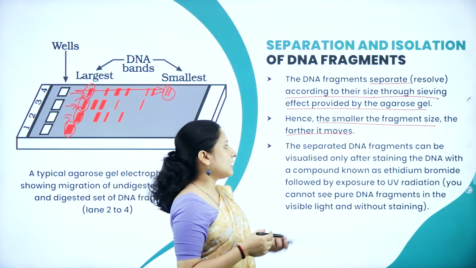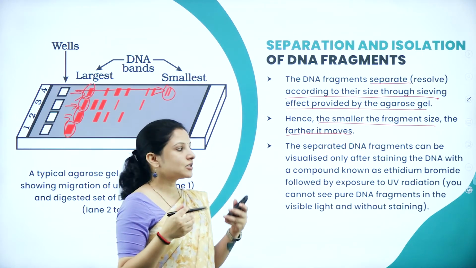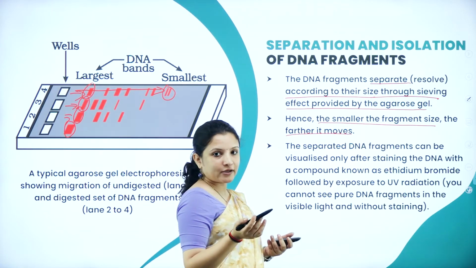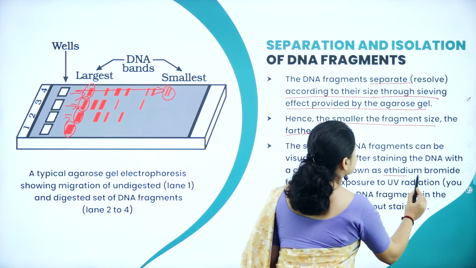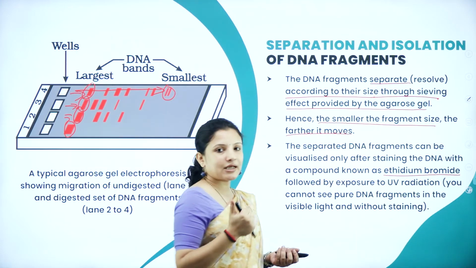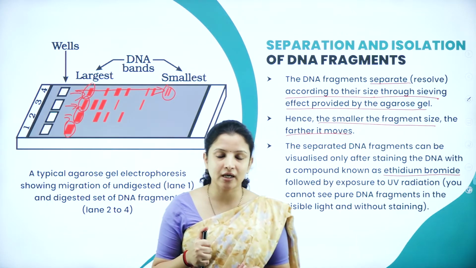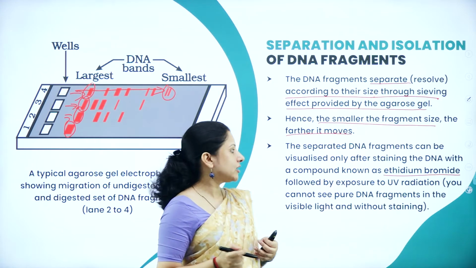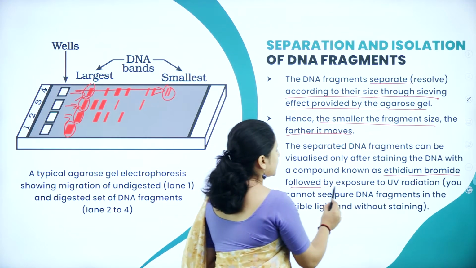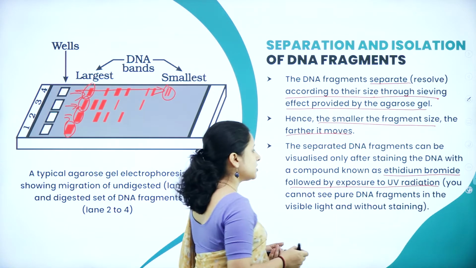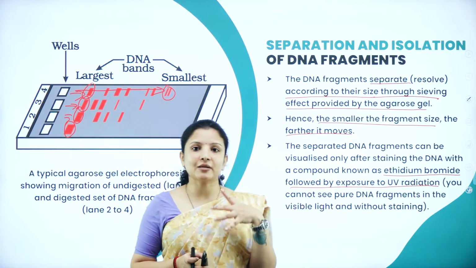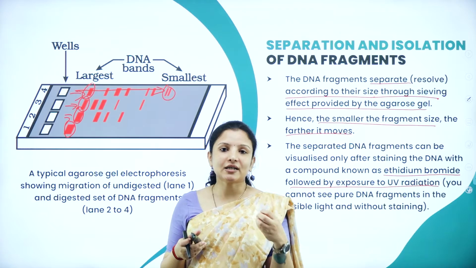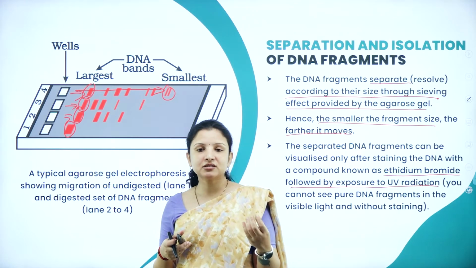The separated DNA fragments can be visualized. Next, a stain will be added. What kind of stain? That stain is called ethidium bromide. This ethidium bromide is actually blue in color. It will be added, and when it is exposed to UV radiation, the DNA fragments can be seen because it will start emitting light.